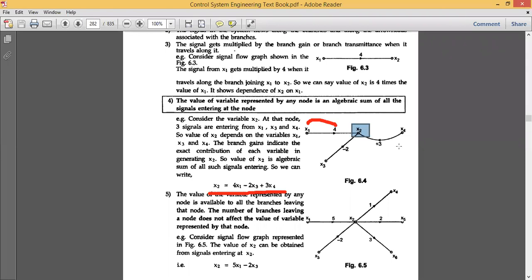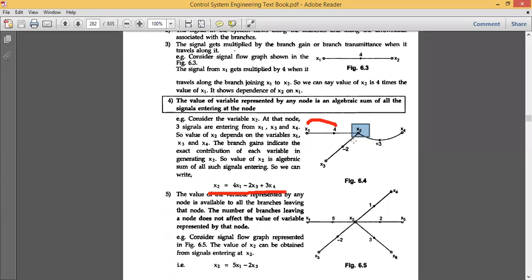We have one more node represented by x4, which is moving towards the point x2, so we can add here 3 multiplied by x4.